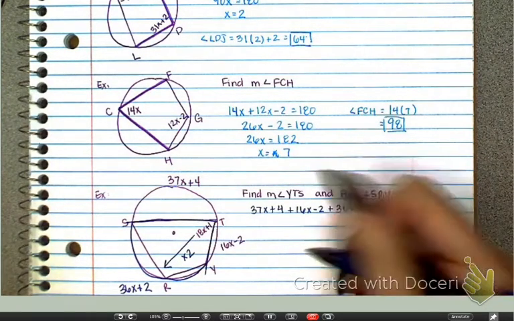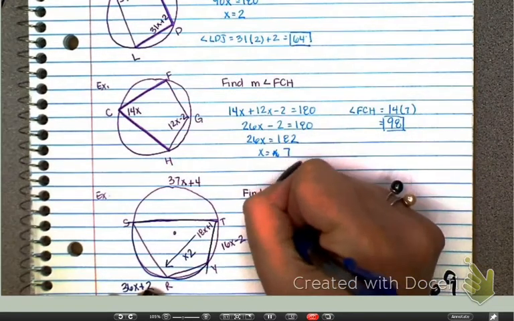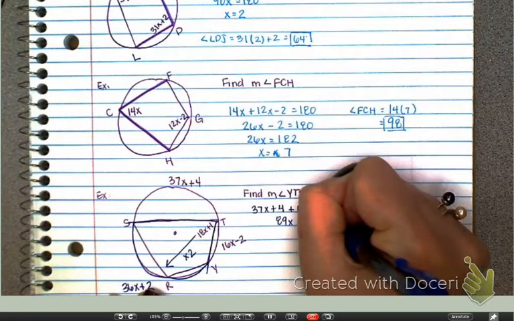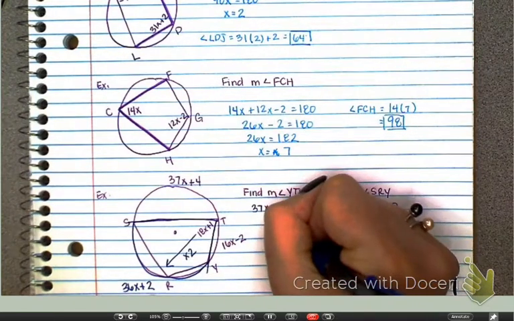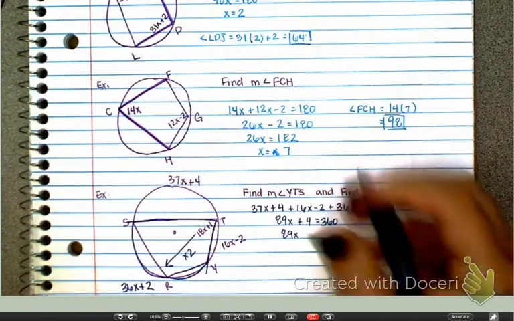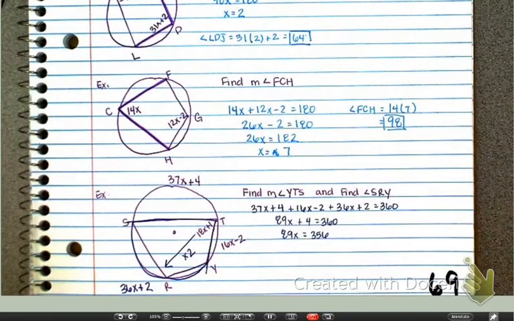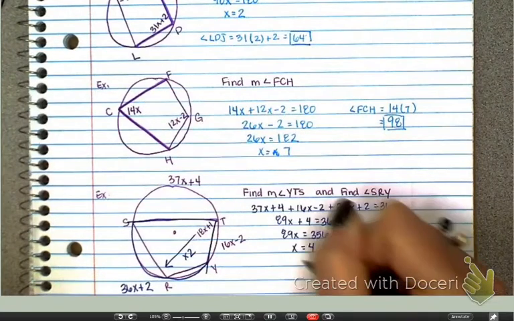So if we combine like terms, we end up with 89x plus 4 equals 360. If you subtract 4 from both sides, you get 89x equals 356. And when you divide by 89, you get x equals 4.